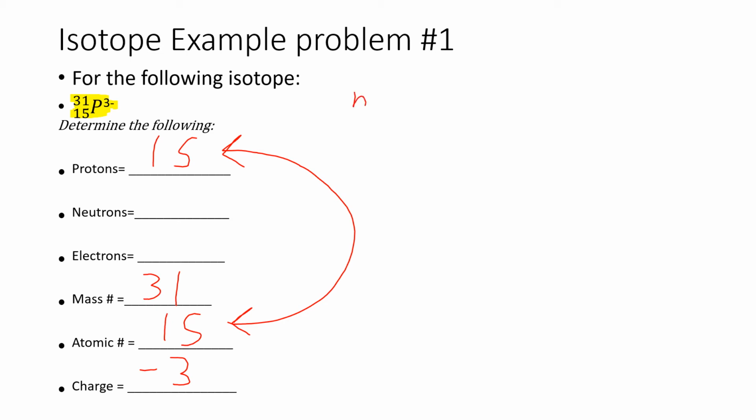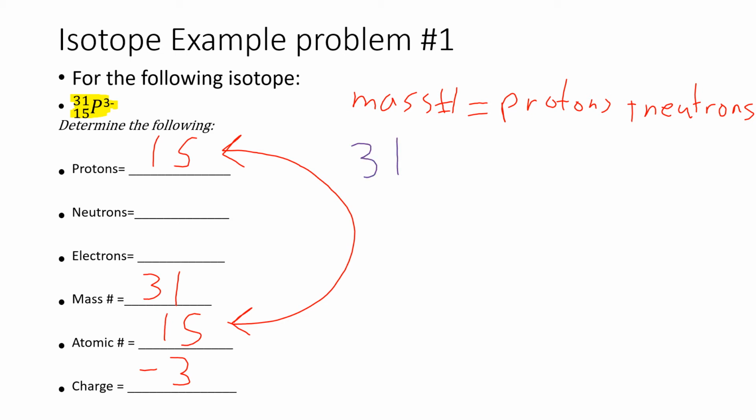Remember, we said that the mass number really equaled the number of protons plus the number of neutrons. So now we just have to figure out what we're dealing with. We already knew what the mass number was. The mass number was 31. We already figured that out based upon its location. Well, we already figured out the number of protons as well. So the total mass is 31.